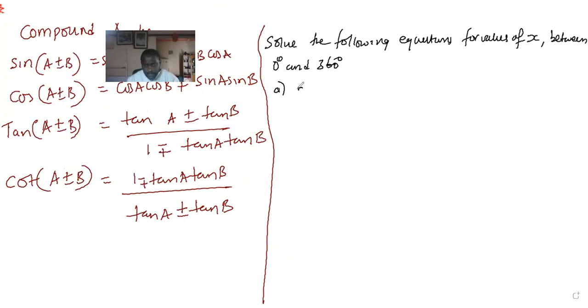A: 2 sine of x is equal to cos of x plus 60. B: 3 sine of x plus 10 is equal to 4 cos of x minus 10.